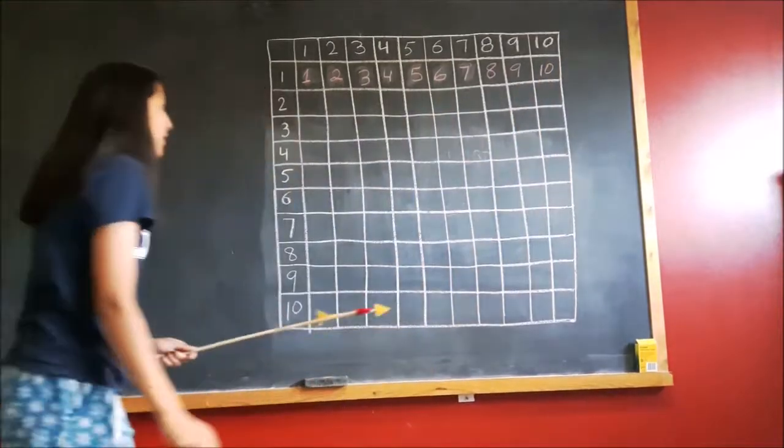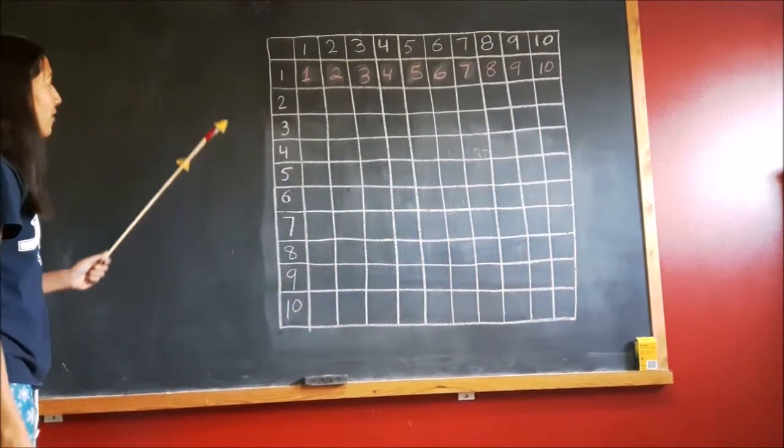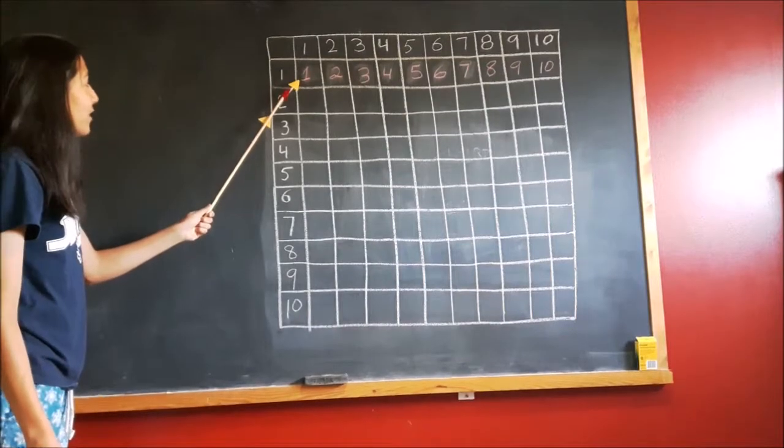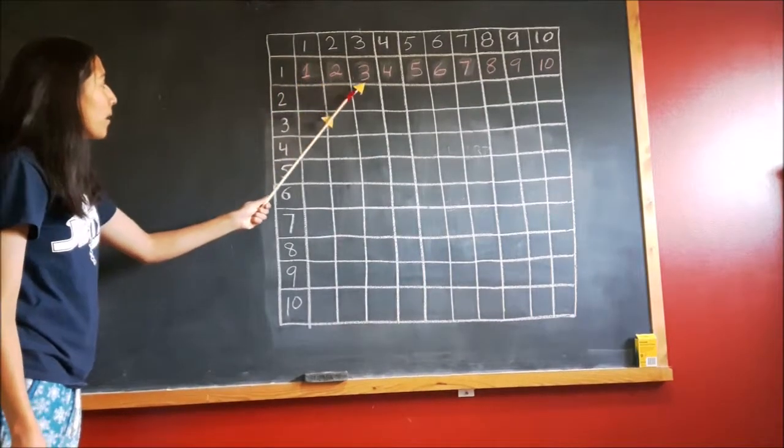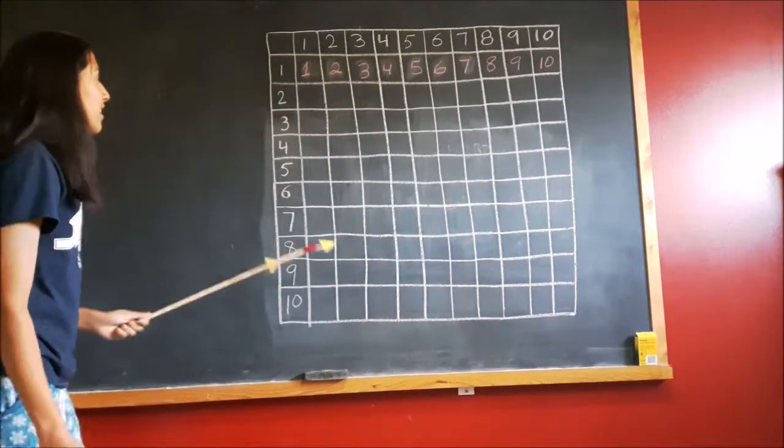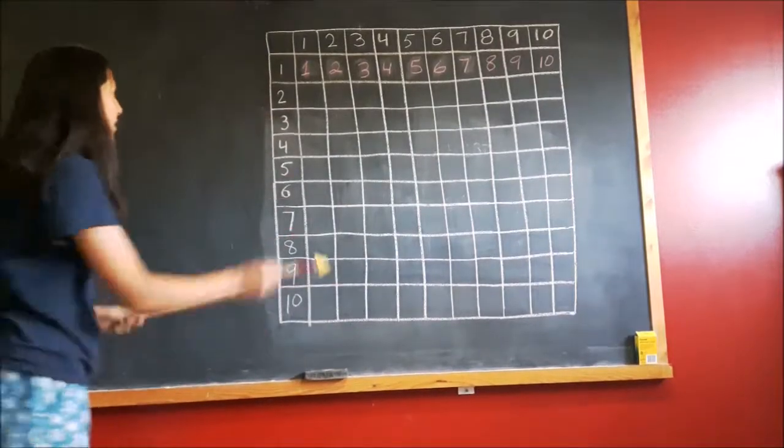As I filled in this top row, we can now determine that all the numbers just increase by 1 each time. And it is the same for the row down here.